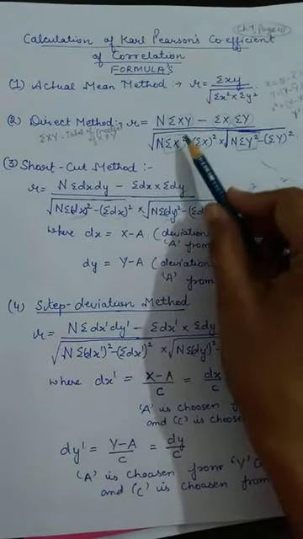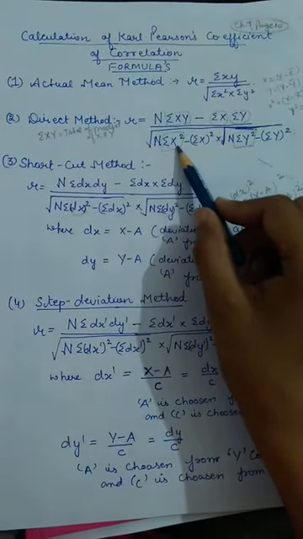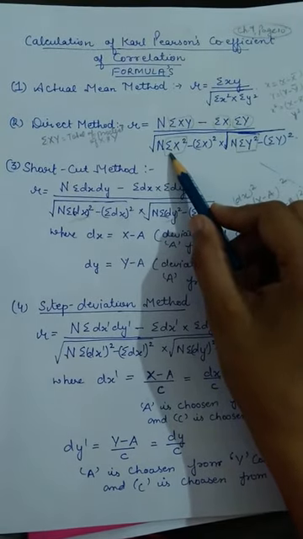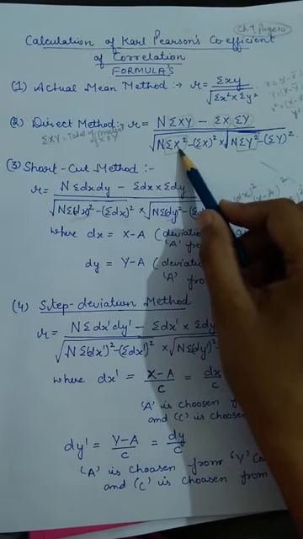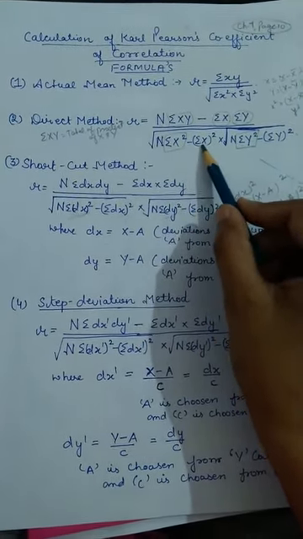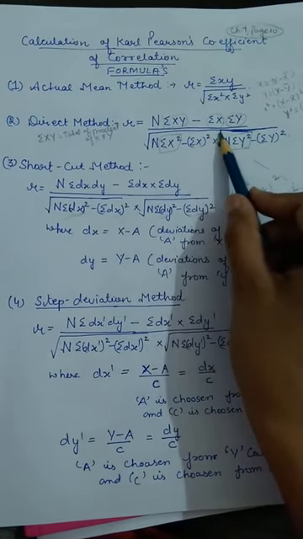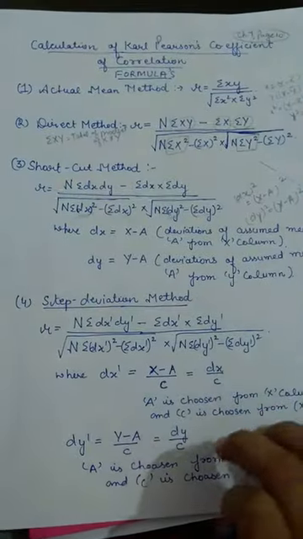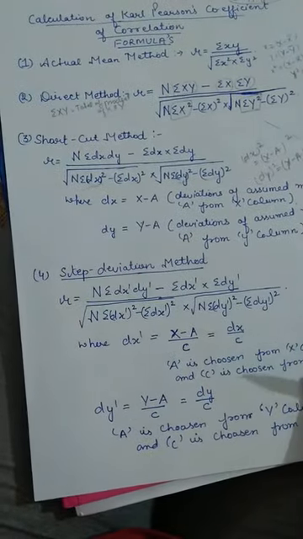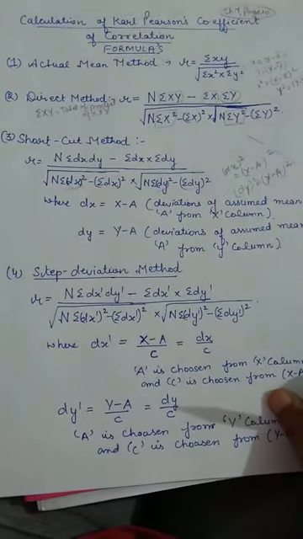Here also it was the same. It was your total of x square column and it is your total of x column, then its square. So you have to use these formulas very carefully.